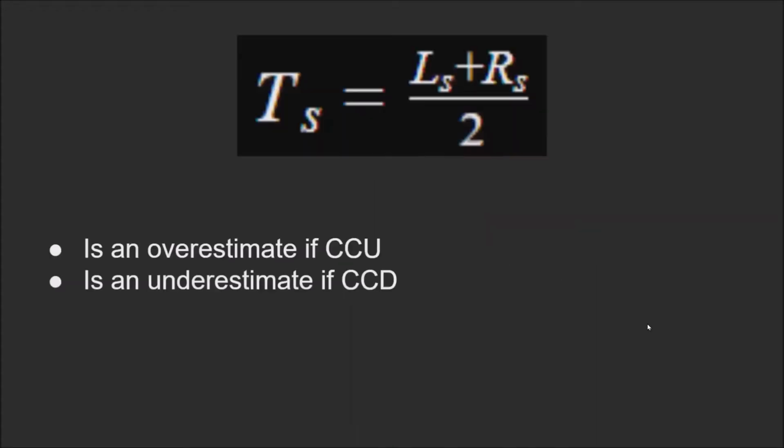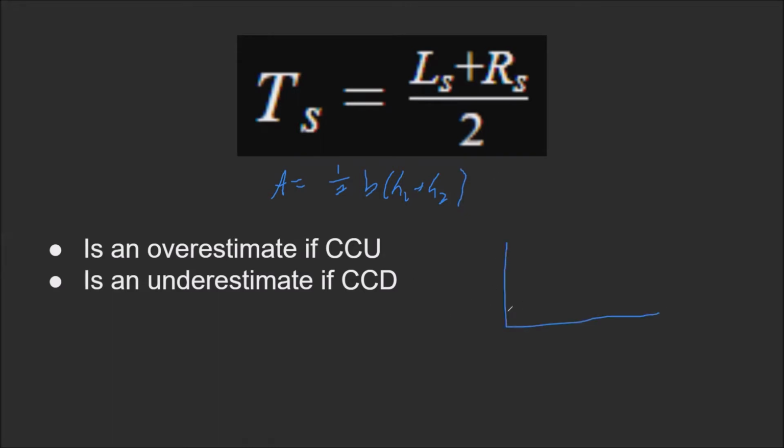In fact, the formula for a trapezoidal sum is the left Riemann sum plus the right Riemann sum over 2. And this can be derived from the fact that the area of a trapezoid is equal to 1/2 base times (height 1 plus height 2). And since we're using right Riemann sums and left Riemann sums, we're doing this multiple times.